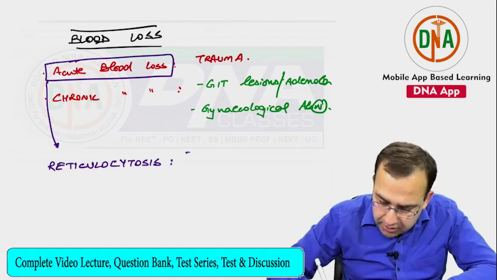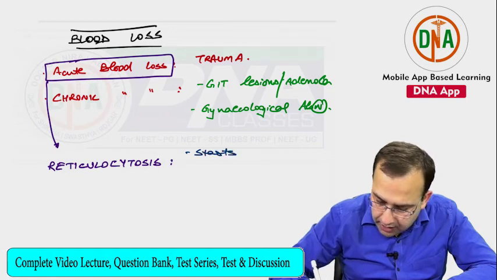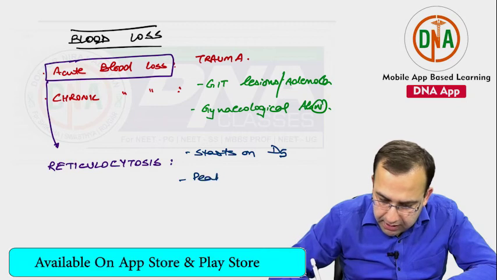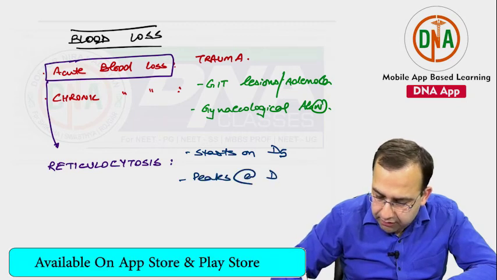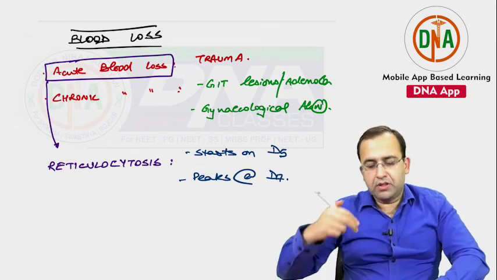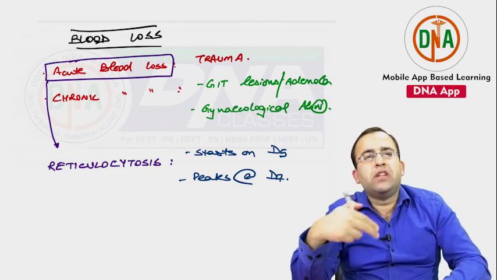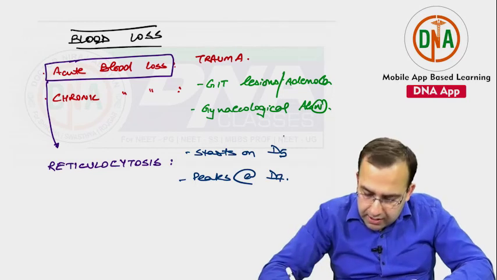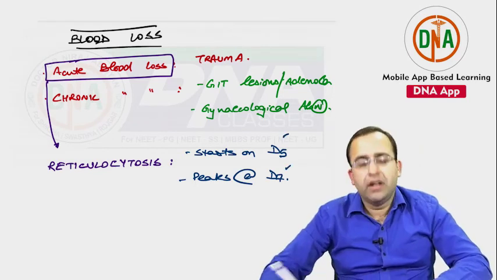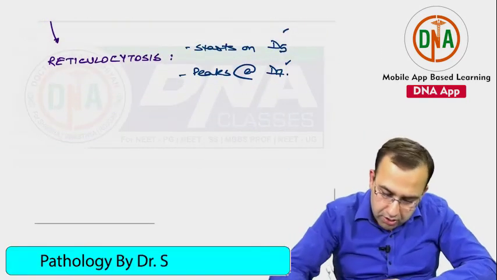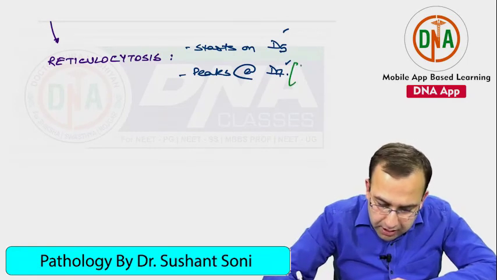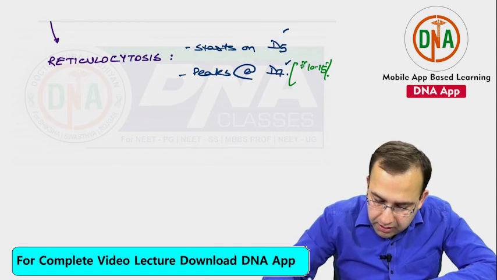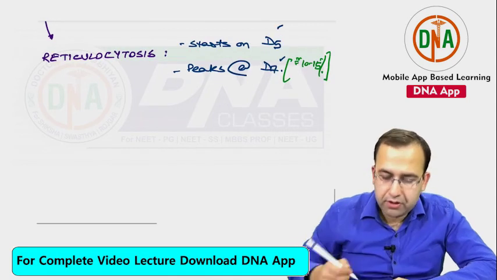It starts on day 5 and peaks at day 7. After acute blood loss, the body is trying to compensate for the same. How much? Approximately 10 to 15%.